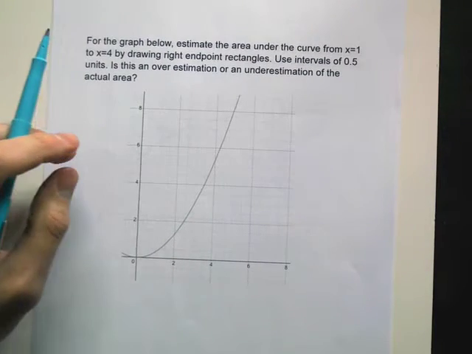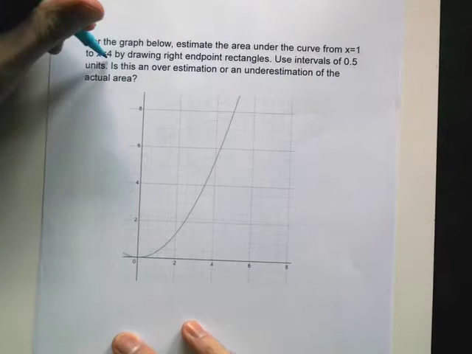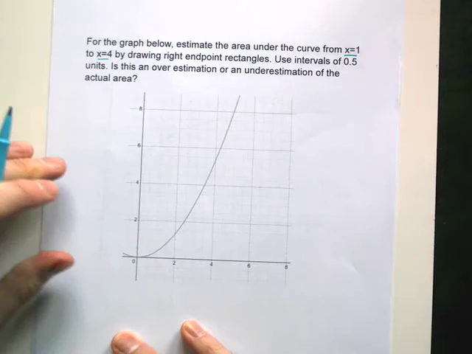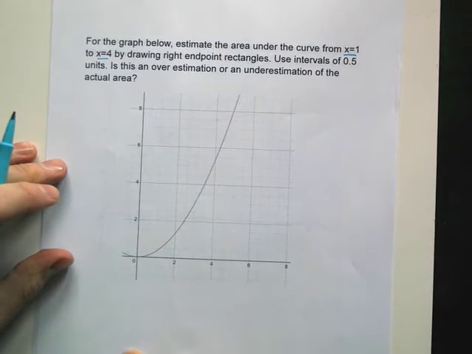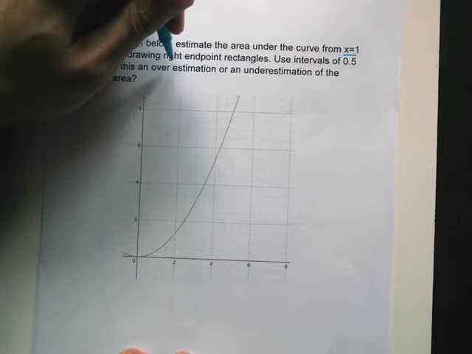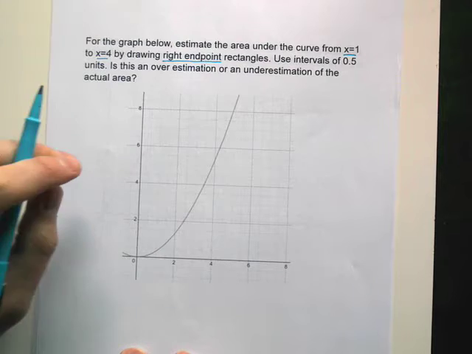It says for the graph below, estimate the area under the curve from x equals 1 to x equals 4. That's important information. That's going to tell you on every problem what limits you're looking for. X equals 1 to x equals 4 by drawing right endpoint rectangles. Okay, that's another thing on every single problem you have to know.